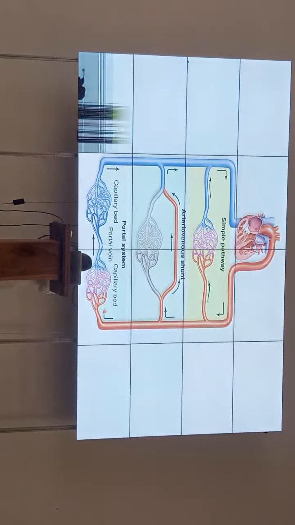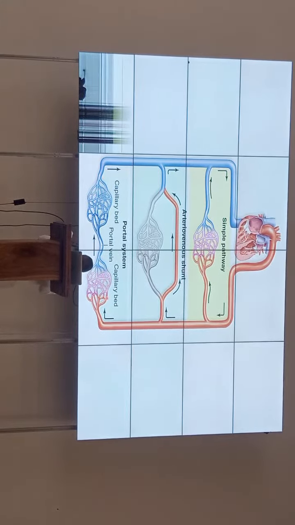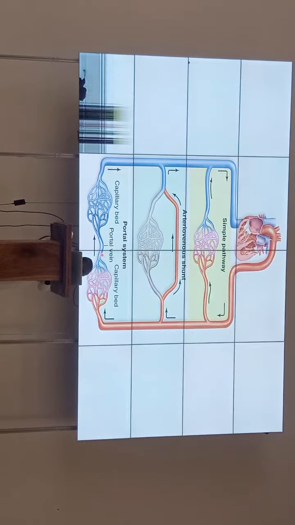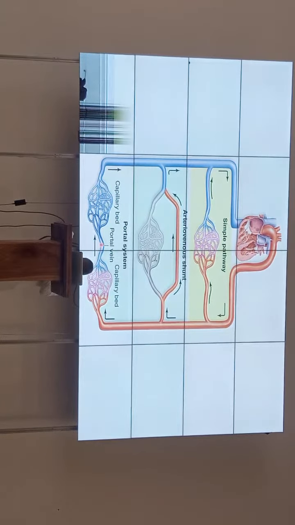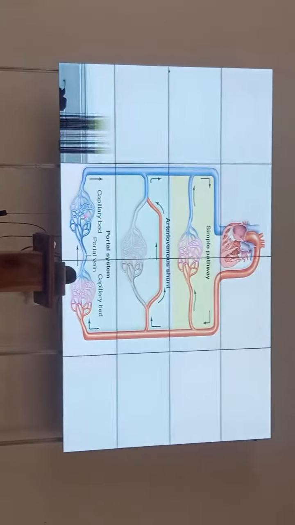Absorption of food, right? Once the food has been absorbed, that blood, which is now rich in nutrients, comes into a venous system, a portal vein, that takes that blood to another capillary bed which is found in the liver.